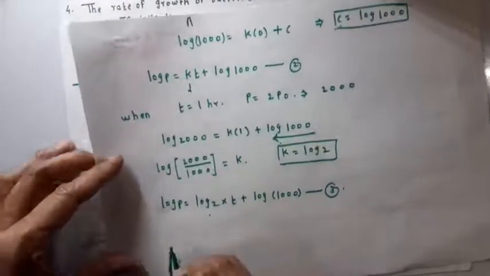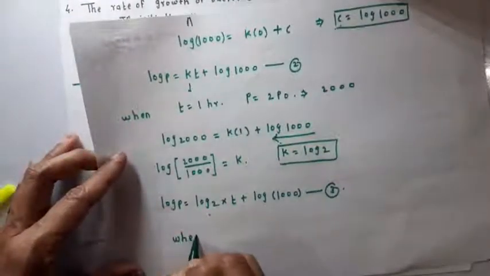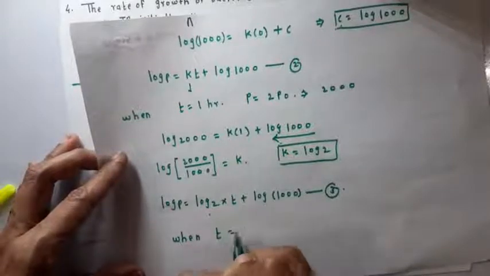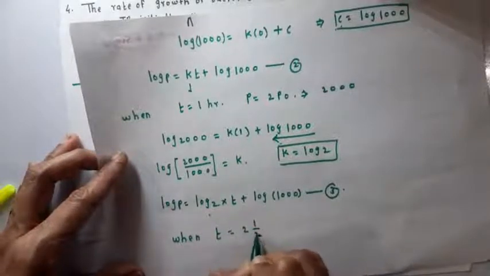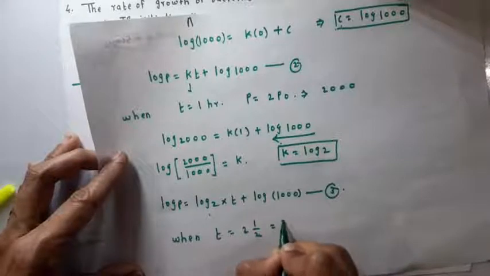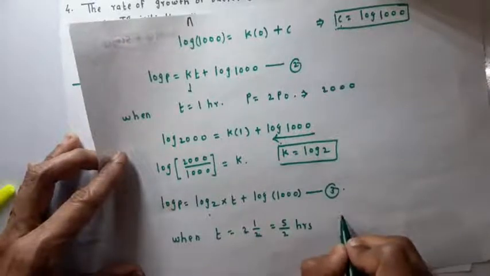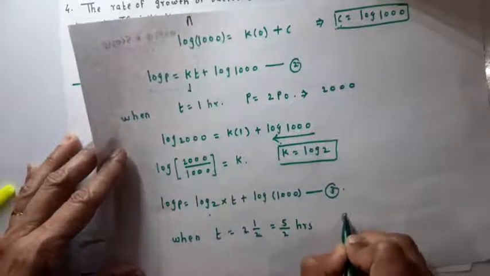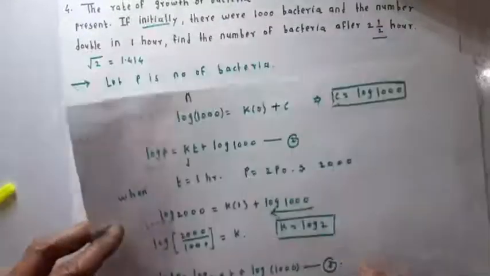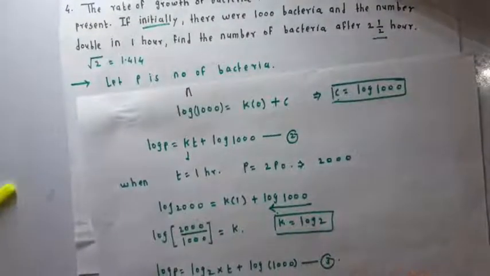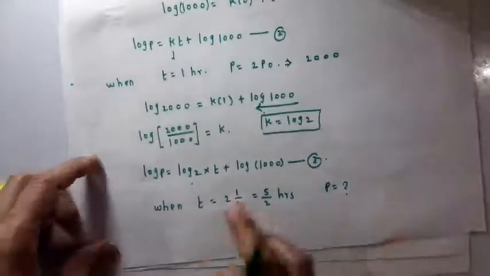So when time t equals 2.5, meaning 5 by 2 hours, find out the population of the bacteria P. What is the population? So put the values in equation 3.